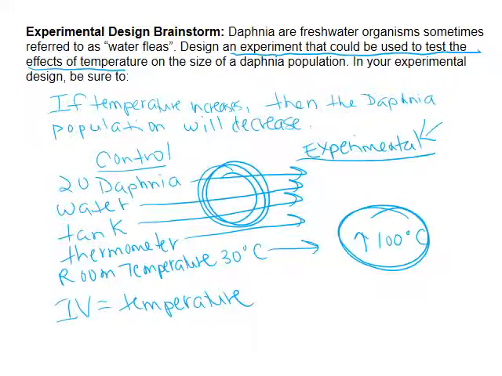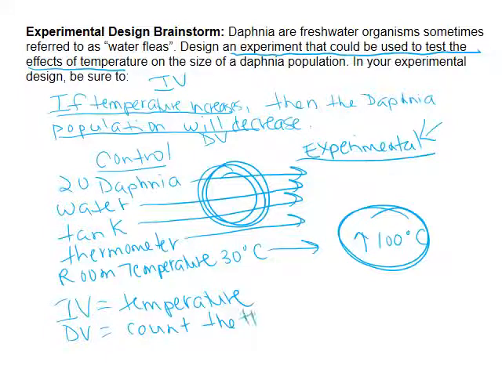Okay, the dependent variable is how I measure the effects. So again, remember that one trick is the if statement tells me my IV, and the then statement tells me my DV. So the Daphnia population, so I'm going to count the number of Daphnia deaths.